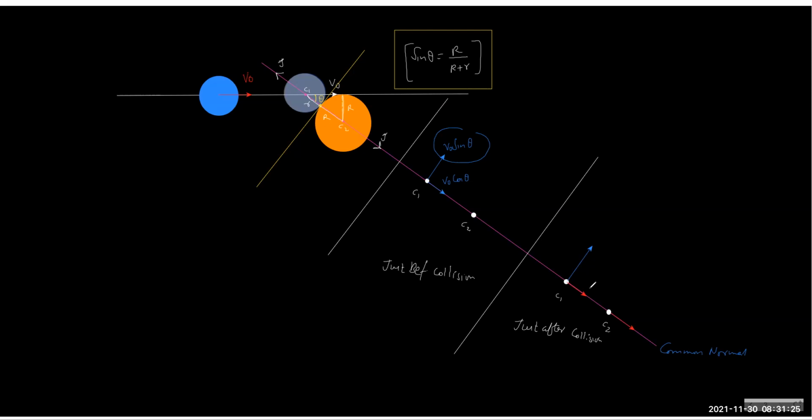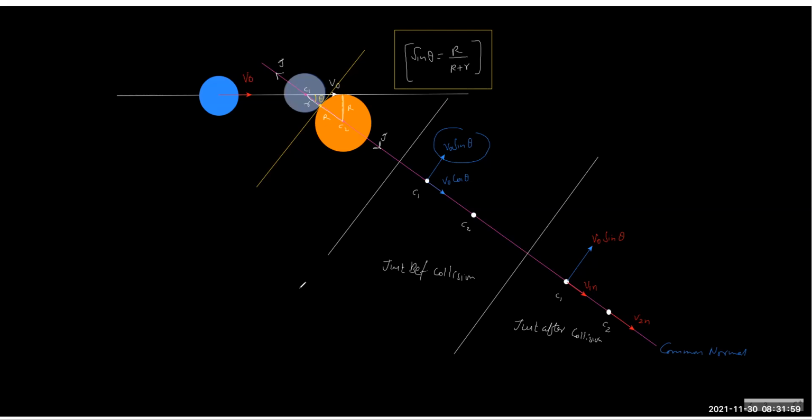So to start with the assumption of variable, we can call it V1n and we can call this V2n. And the double subscript is actually trying to explain that this is the component taken along the common normal. So here we are not trying to call it V1, V2, we are trying to call V1n and V2n. These are the components along the common normal, and the other thing is right angle to the impact.